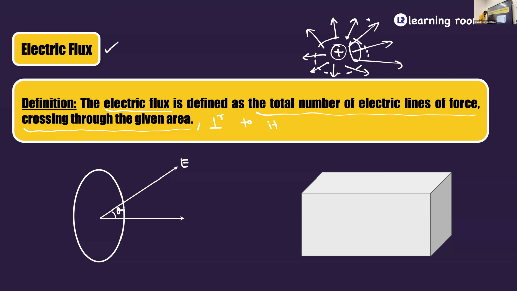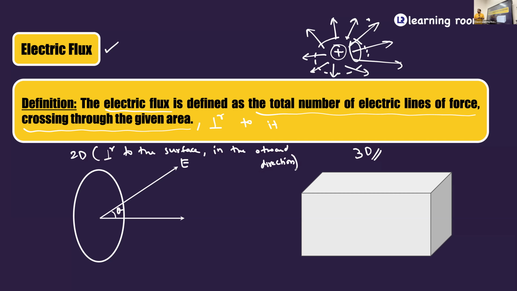So if I take this angle to be theta, there is a point to be noted: for any surface, whether a two-dimensional or a three-dimensional surface, the area vector is always perpendicular to the surface, and in the outward direction.